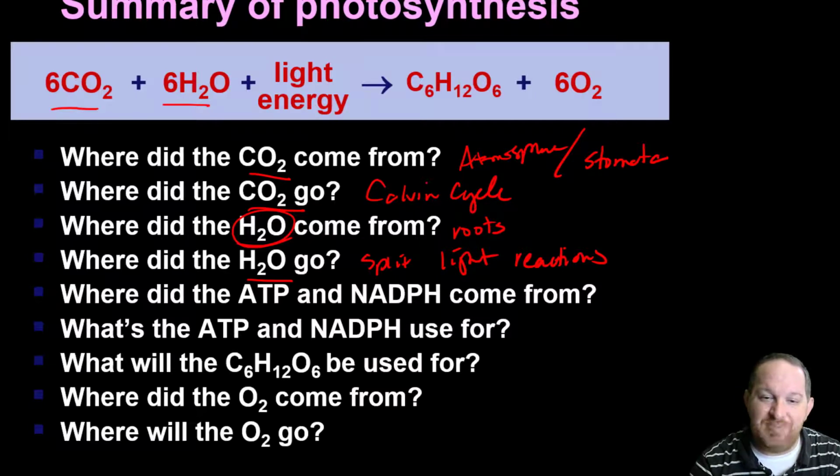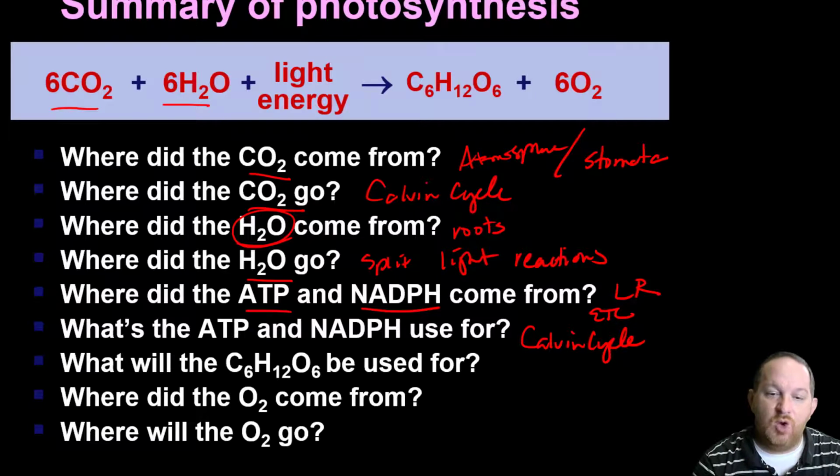Where did the ATP and NADPH come from? Light reactions, right? The electron transport chain of the light reactions. What are the ATP and NADPH used for? Well, of course, they're used to drive the Calvin cycle, which is ultimately to create sugar. What will the glucose be used for? That's for the plant, right?